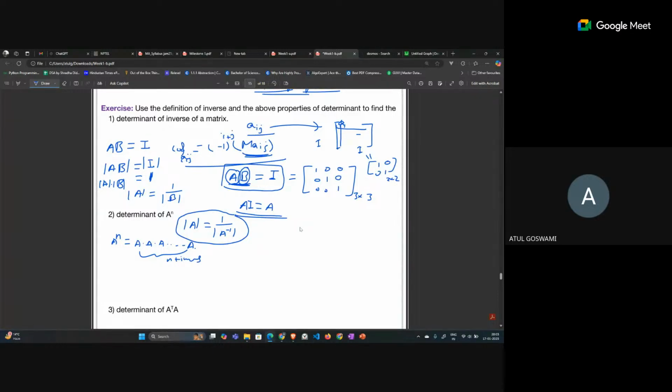So we can actually take the determinant, and then the determinant can be split out n times. So this is the determinant of A to the power n, equals determinant of A to the power n. This is one more property of determinant.